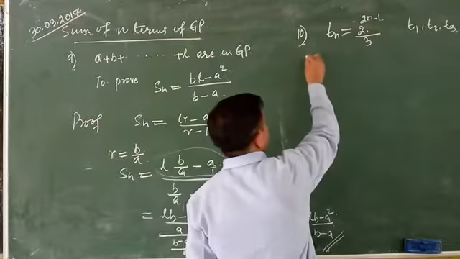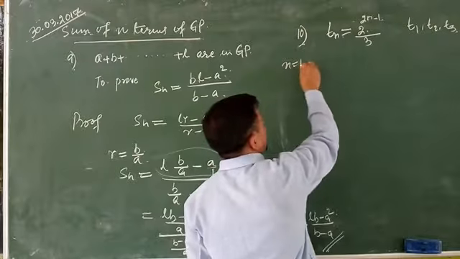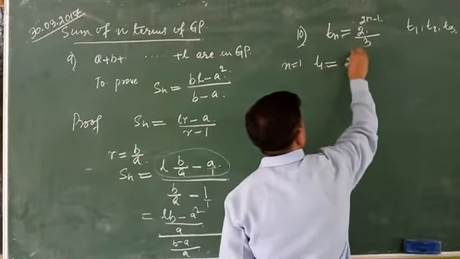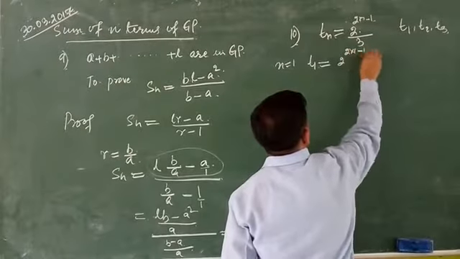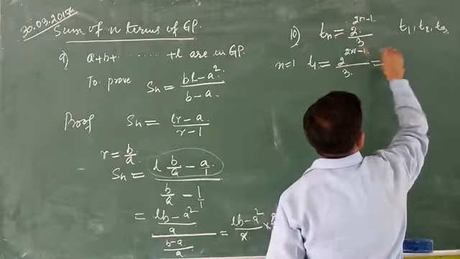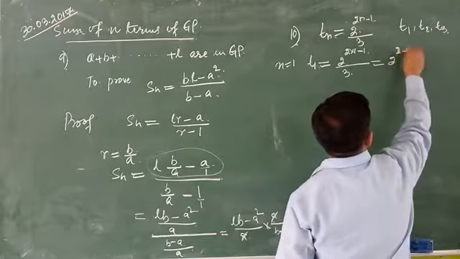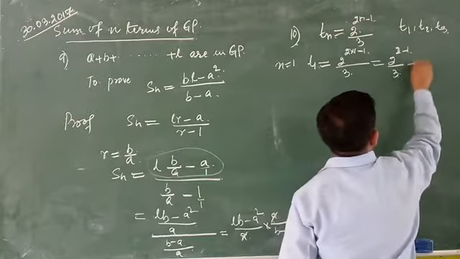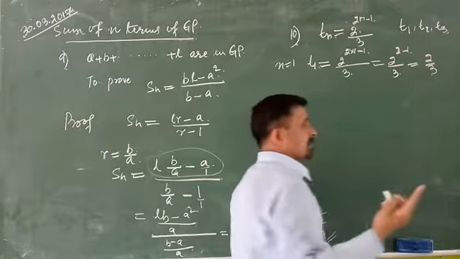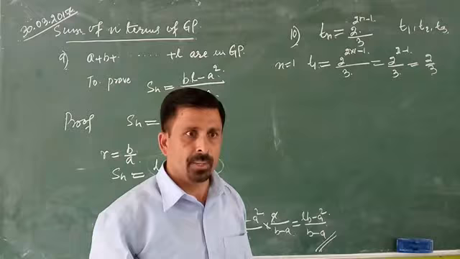So the first term we will calculate when we put n as equal to 1. Your first term will be equal to 2 to the power (2 into 1 minus 1) over 3, and this will be 2 to the power 2 minus 1 over 3. This is equal to 2 over 3, because this will become power 1, and so we don't need to mention it.